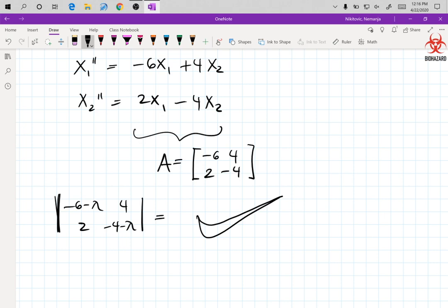All right, so 5.5 is on Friday, on multiple eigenvalue solutions. That's something that we would have to look closely into. And then what else do we have? Matrix exponential, and that should be it, I think.